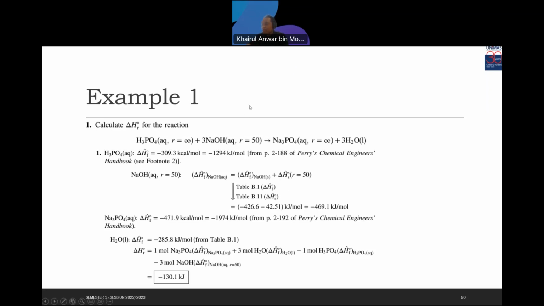So r is equal to mole H2O per mole solute. In this case, it gives Na3PO4 dilute plus 3H2O liquid form.